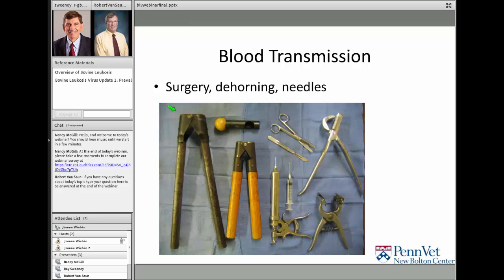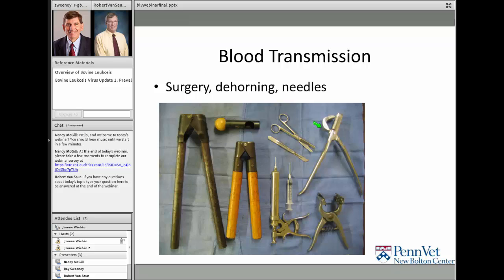And so gouge dehorners or Barnes dehorners, those that involve actually cutting off the horn and have bleeding associated with them, if these instruments become bloody and are not thoroughly disinfected before they're used again on a second animal, then the virus can be transmitted. And this has been shown in several studies to be a significant risk factor for increasing the incidence of BLV on farms.